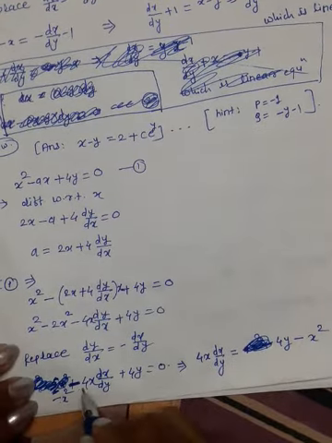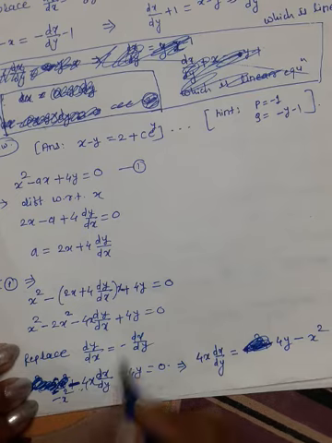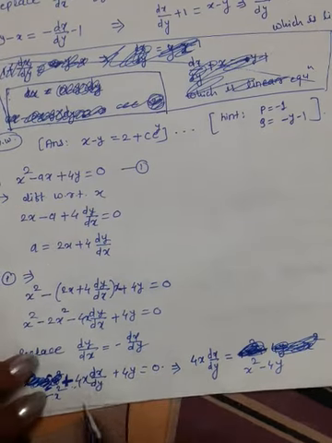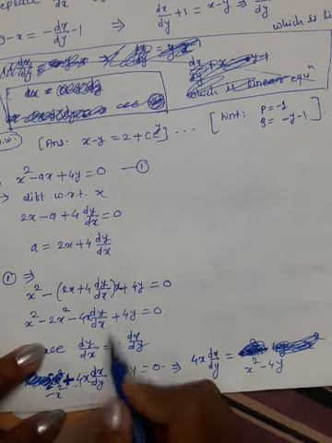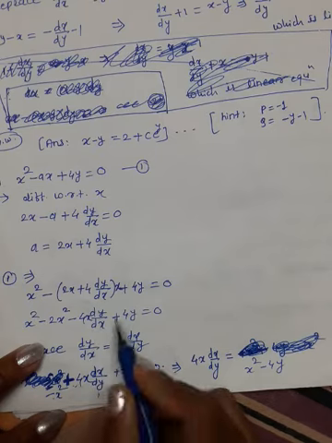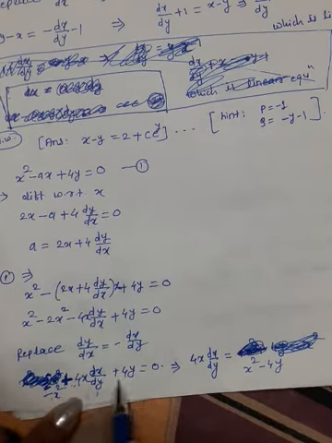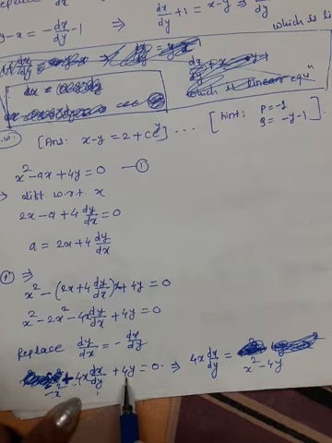It becomes minus x square minus 4x dx by dy, and this becomes plus 4x dx by dy, reversed, plus 4y is equal to 0. Now to simplify this, take minus x square plus 4y on that side.